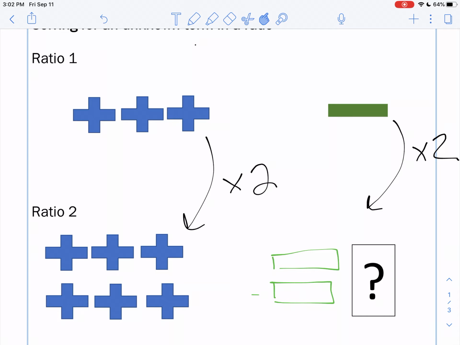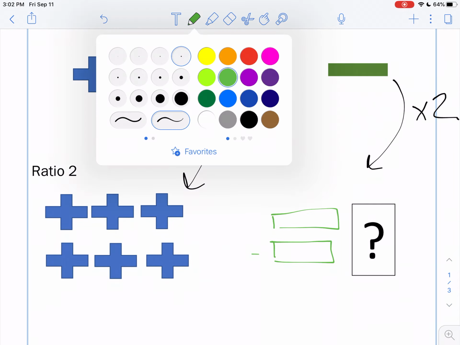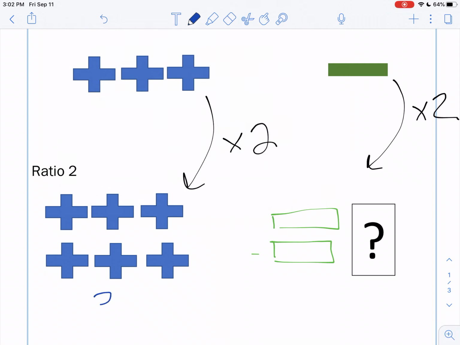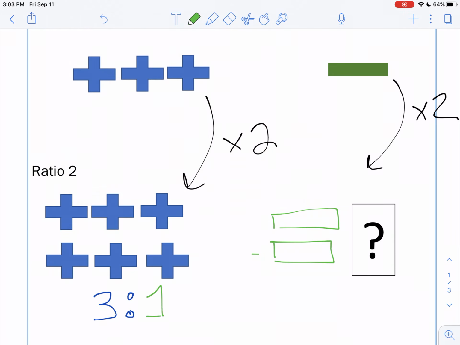What would this look like if I wrote it out? Well, I have 3 blue plus signs in ratio 1 to 1 minus.